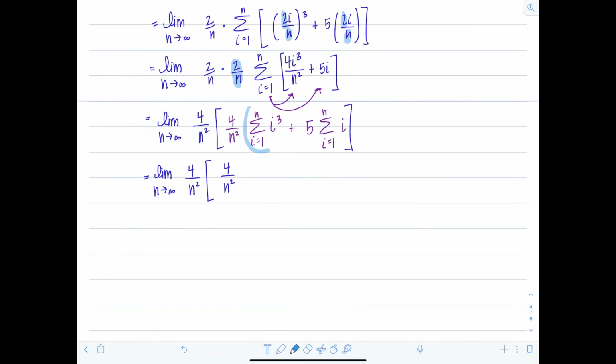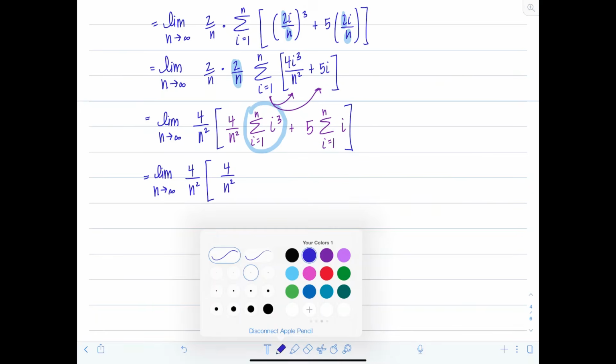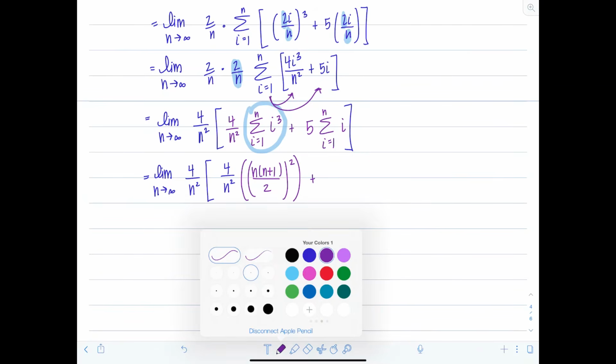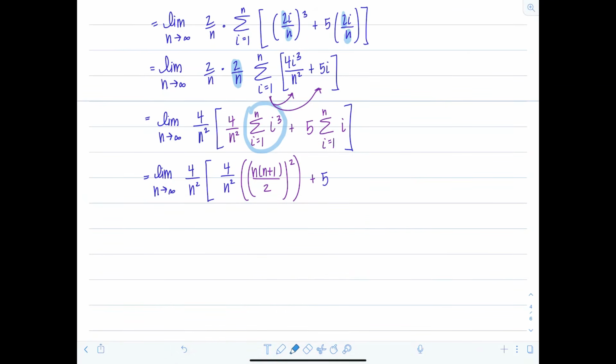I'm going to replace the sum i equals 1 to n of i cubed with, remember, we have (n times n plus 1 over 2) squared, plus 5 times, and then this sum here, remember, I can replace with n times n plus 1 over 2. Ooh, all right. Now let's start cleaning up.